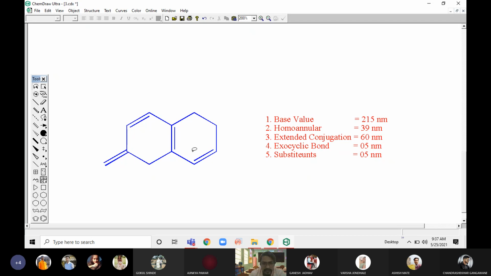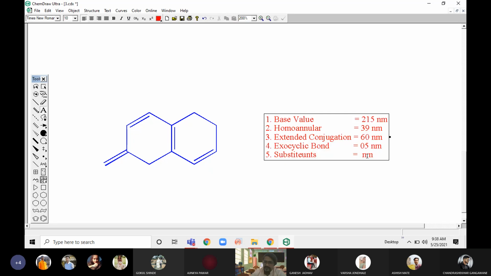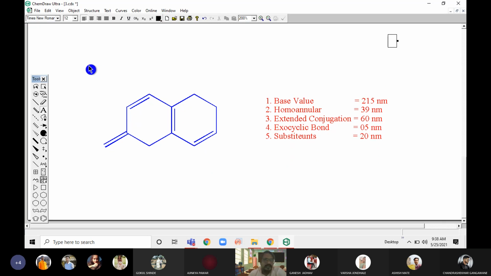So total 1, 2, 3 and 4. No need to go here, there will be 2 hydrogens only. So total 4. That means I have to add 20 nanometers to this. Okay, so this is the example.